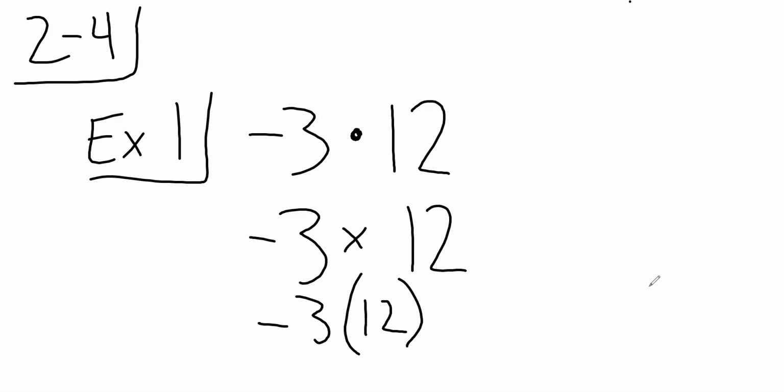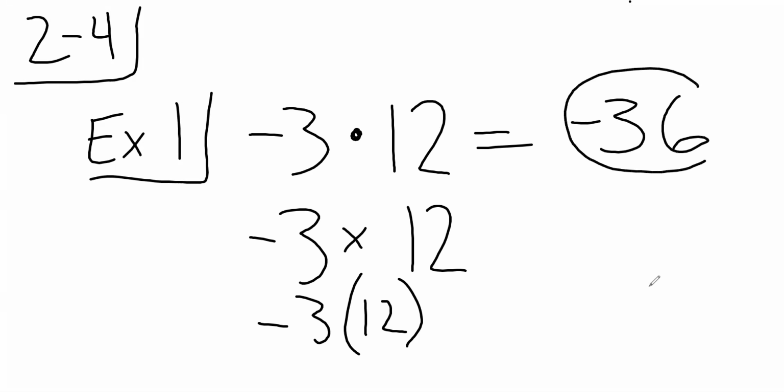So what is -3 times 12 going to be, Ellen? Yep, -36. It's negative because we have one negative number. If we were multiplying 2 negatives, we would get a positive. If it was -3 times -12, we'd have positive 36.